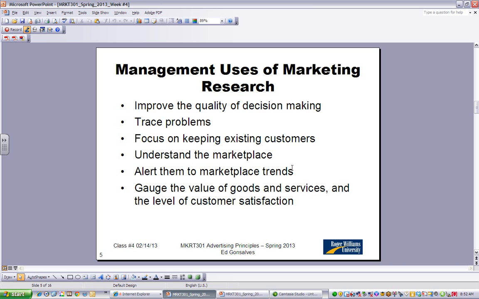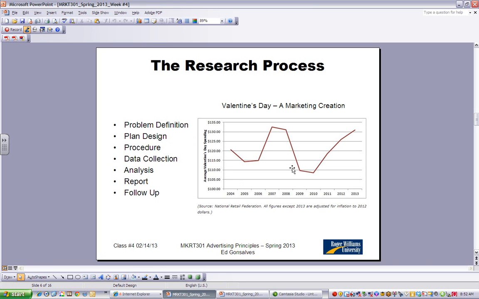It helps you understand what's going on with the market, with your customers, with your competitors as well, and then maybe helps flag some things that are changing, trends, right? You look at trending, and we'll talk a little bit more about that in a second and how that's important. And then you help determine what things are worth and how much customer satisfaction you have, and whether or not you need to put more money or time and effort into that as well.